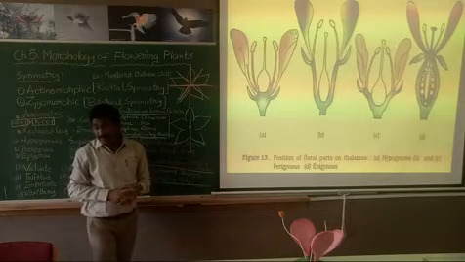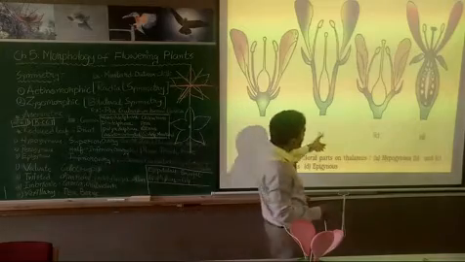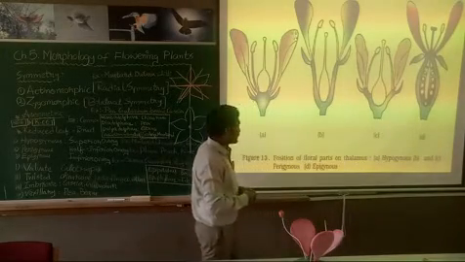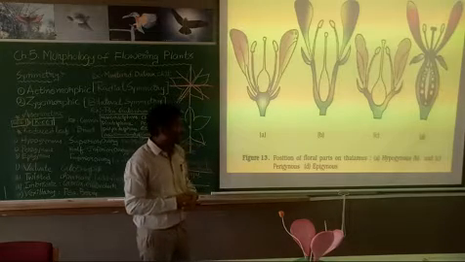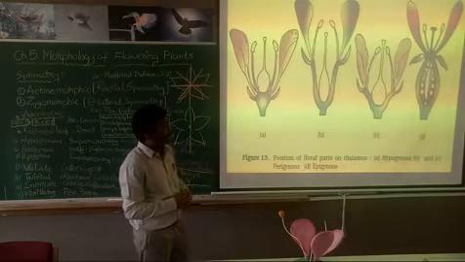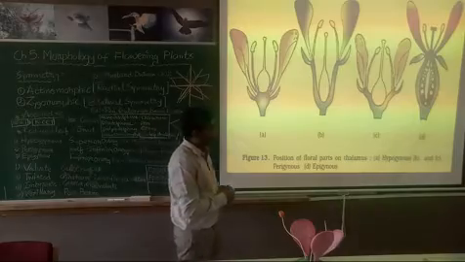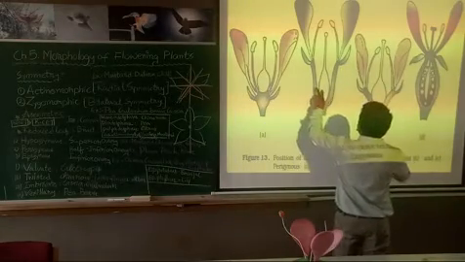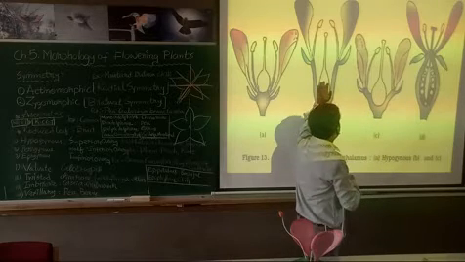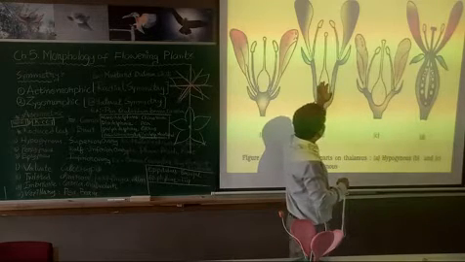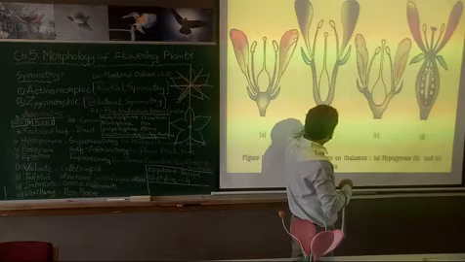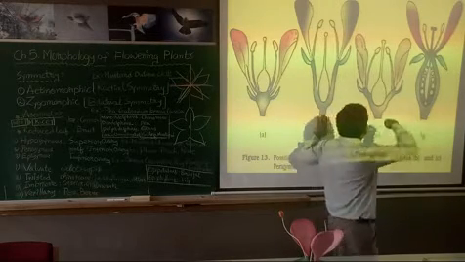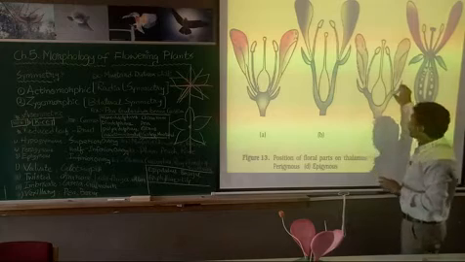Next, B diagram and C diagram. These represent perigynoecium. The nature is called perigynous. So what is meant by perigynous or perigynoecium? If you see in this diagram, the ovary position is at the lower side, and the rest of the parts, what are they?